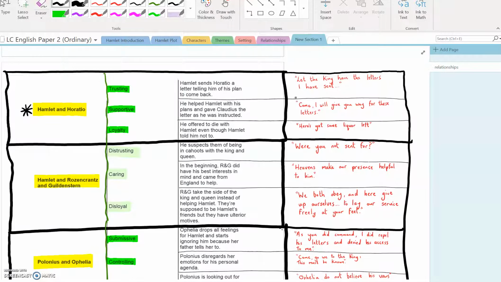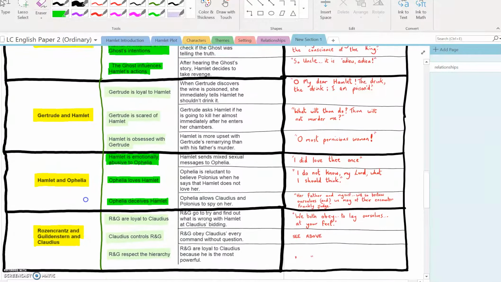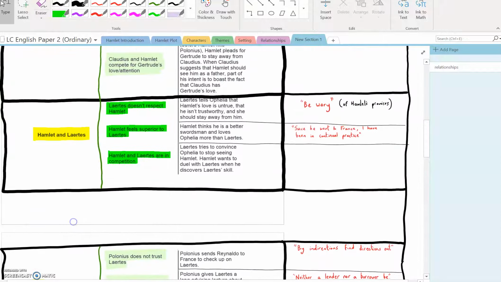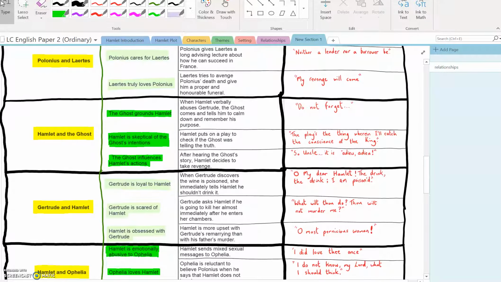So you need a bank of quotes to go into that exam with, so that you're able to answer the questions and support your answer with reference to the text. That's code for have a few quotes. So take a look at that, get to know it, and use it.